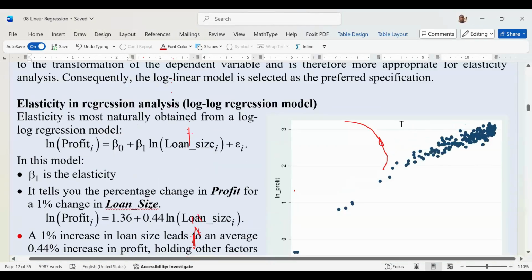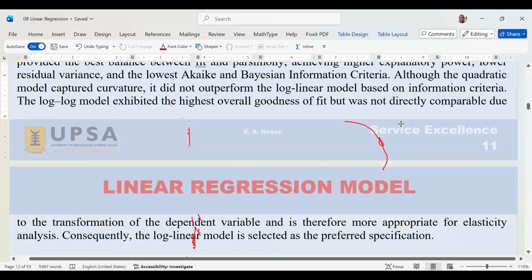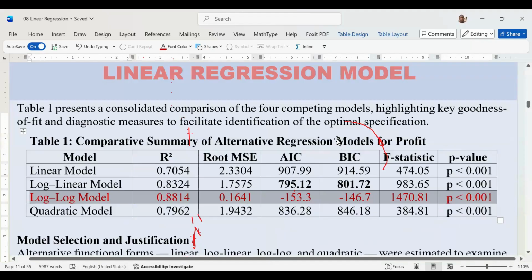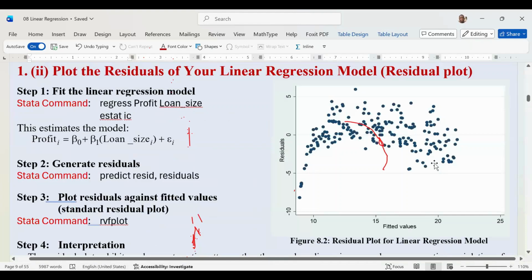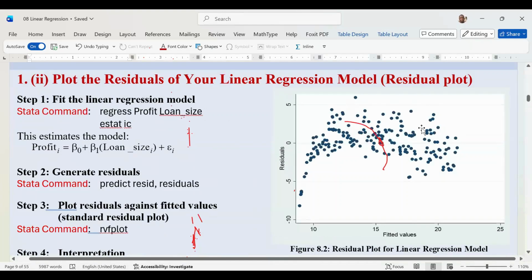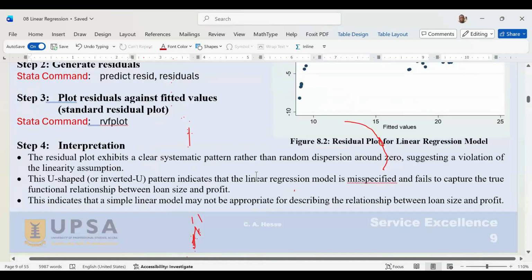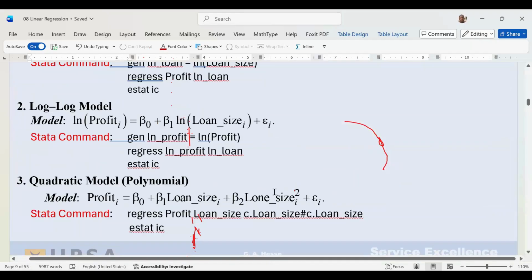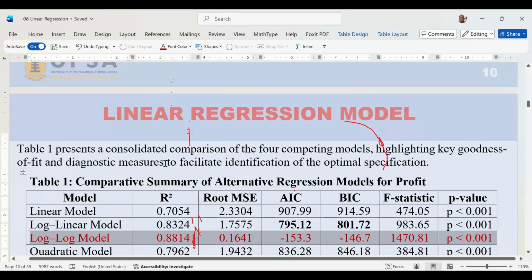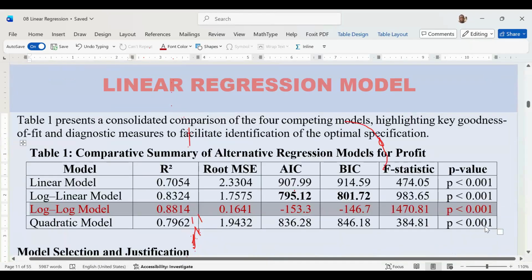So with trial and error, based on our first graph, I realized that it looked like a quadratic, so I did a quadratic transformation. It also looks like a logarithm, so I did a logarithmic transformation. Then I did a model comparison by comparing their R squared, root mean squared error, AIC, BIC, and the p-values. All the p-values say significant, so I cannot rely on them.